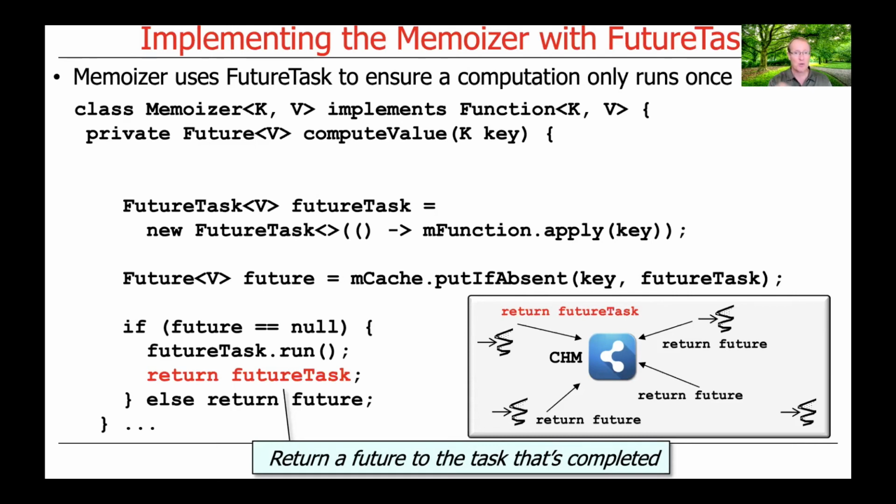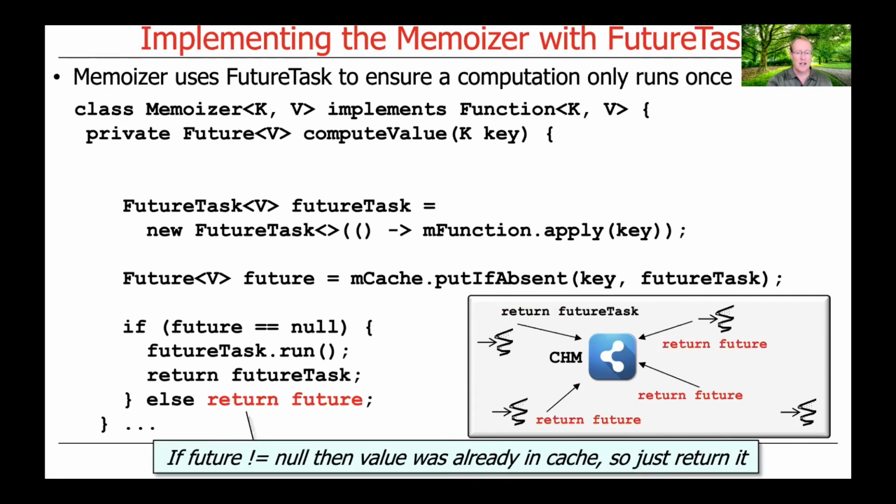So only the first thread in will go ahead and find null, it'll call run, and then it'll return the future task, which now has, of course, been initialized and finalized in the context of what's stored in that entry for that key in the ConcurrentHashMap. Okay, so lots of things to think about.